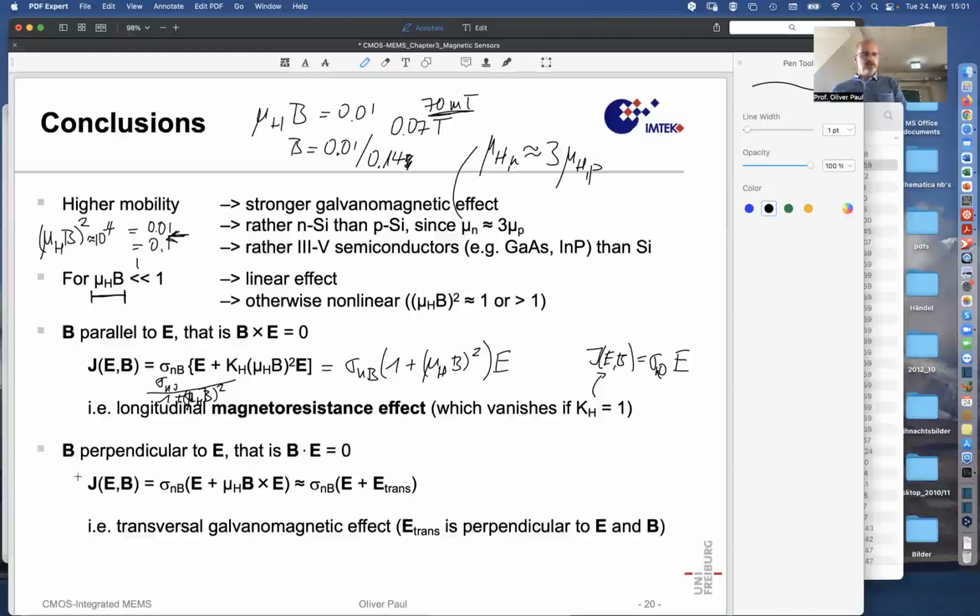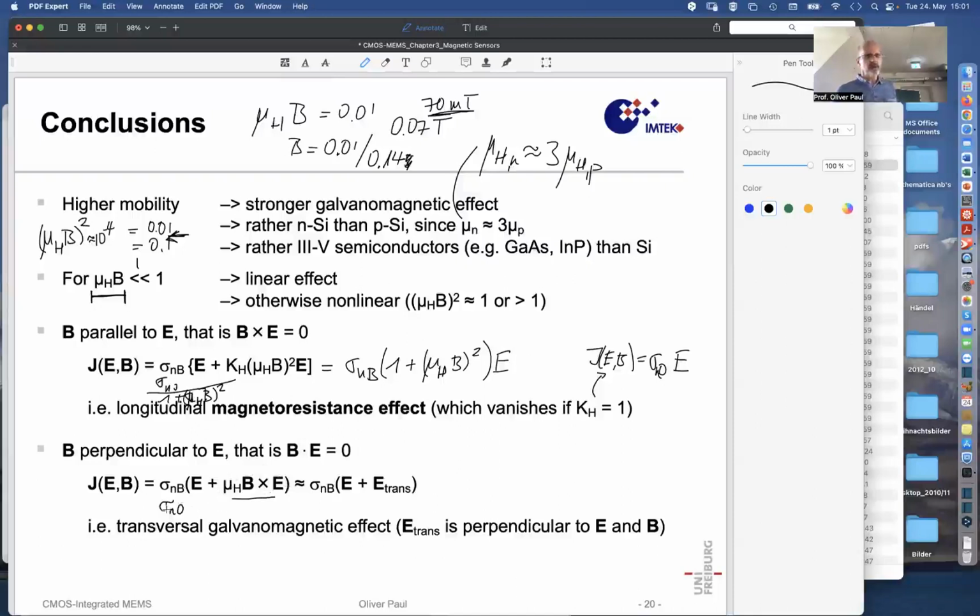Things get interesting when B is perpendicular to E. That means that B dot E is 0, which means that only the first correction term remains. And this can then be written as, and actually here, honestly speaking, we can also replace the sigma NB by sigma N0, because we are now considering in the denominator only linear effects.